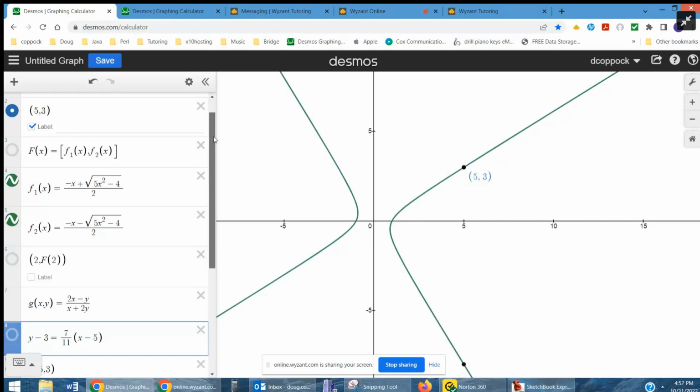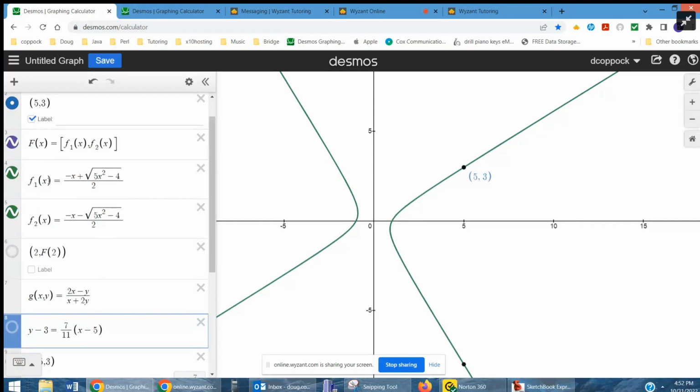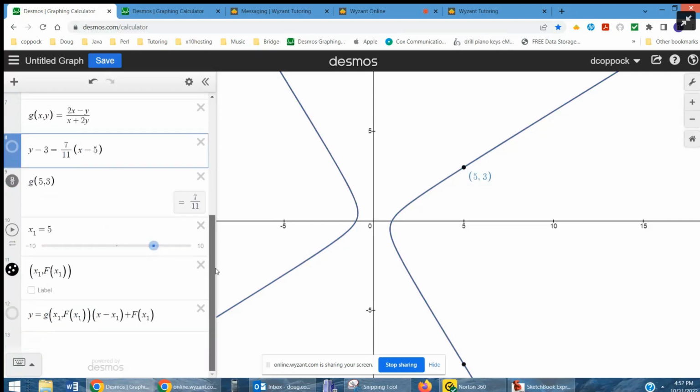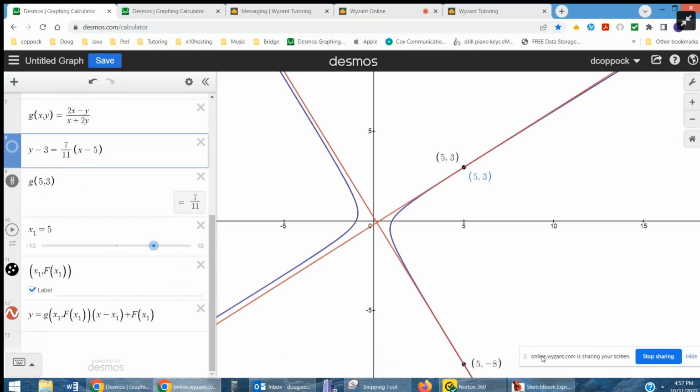So I use the quadratic formula, put them in a list for big F. And there's big F, and then if x1 is a number, I can graph both tangent lines at both points where x is equal to 5.